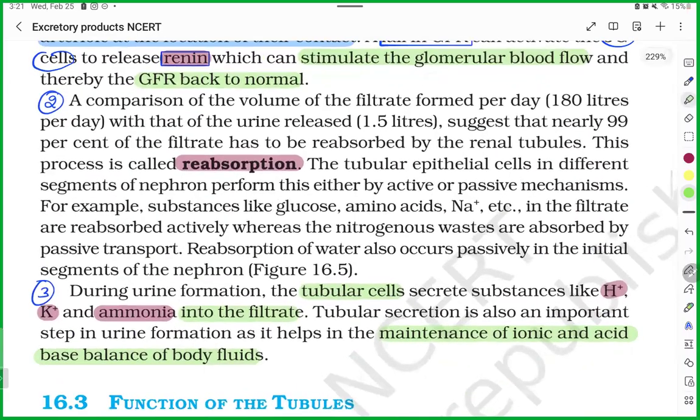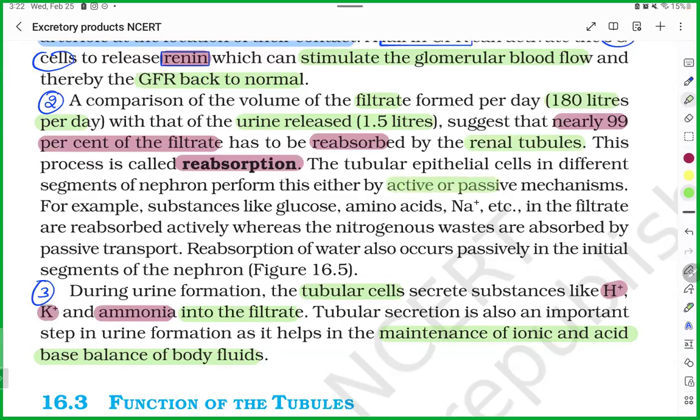Second, as I mentioned, we are producing 180 liter filtrate per day, filtrate, not urine. But actual urine is only this. What does it mean? 99% of the filtrate will be reabsorbed by the PCT, DCT, loop of Henle, everything. So there are different mechanisms by which we can reabsorb the material.